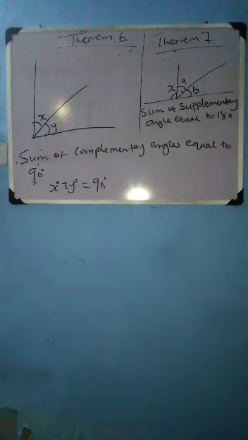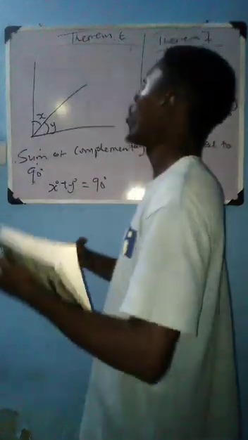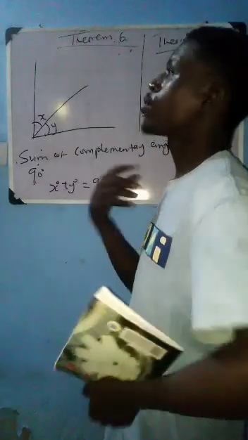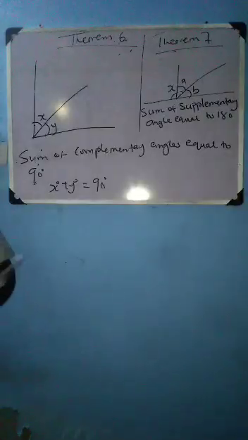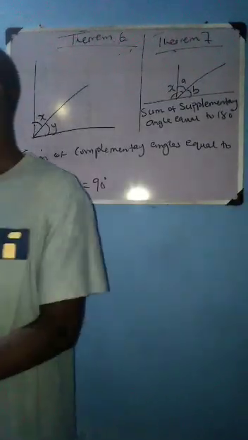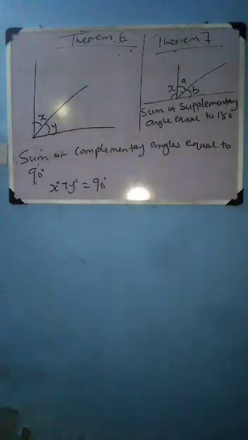So these are the first basic theorems. Please ensure that you go back and study them, because after this you are going to move into triangles, then into polygons, then to circles. This basic geometry you will even learn in JSS1, junior secondary school.